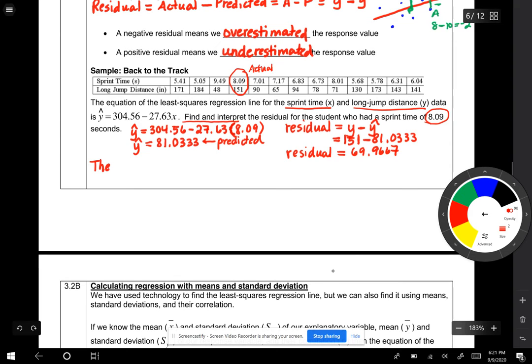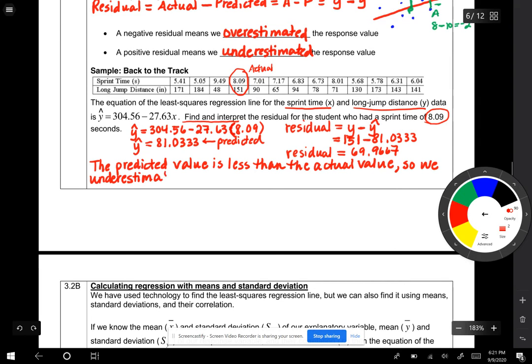Okay, so to interpret this, the predicted value is less than the actual value. So we underestimated. And what did we underestimate? We underestimated the response variable.